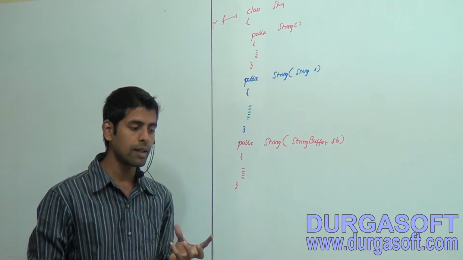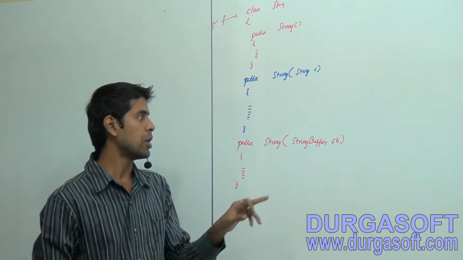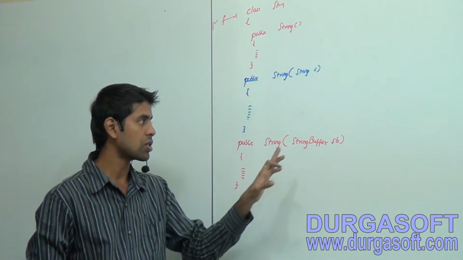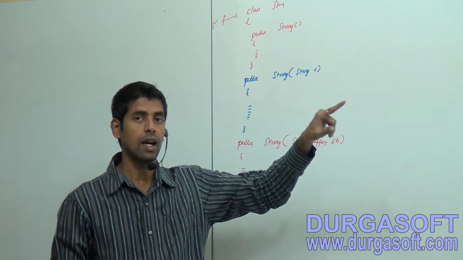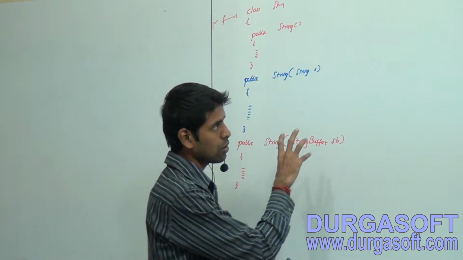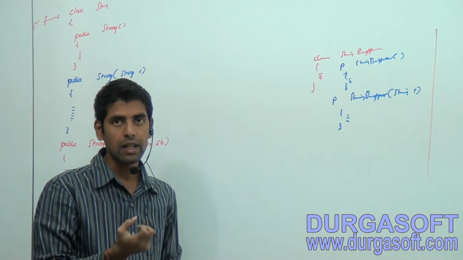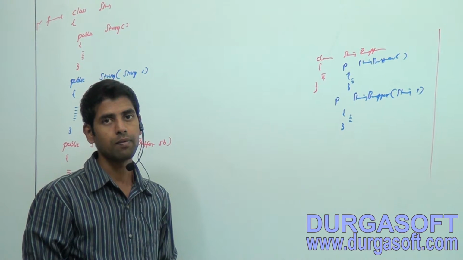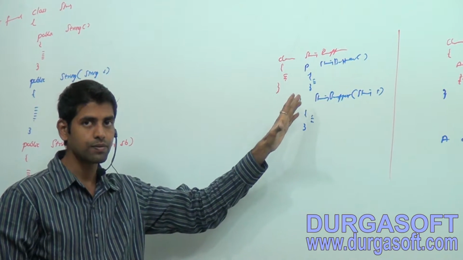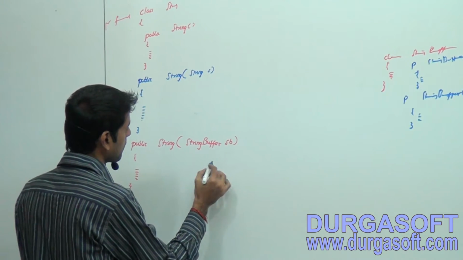If you are writing your own code, at that time you will have some requirements. By using the string class you cannot achieve them, but by using StringBuffer you can. At that time we convert a string object to a StringBuffer, and after getting our wanted data, I will convert the StringBuffer object back to a string object.